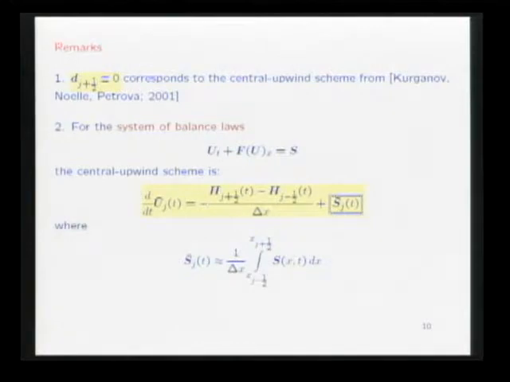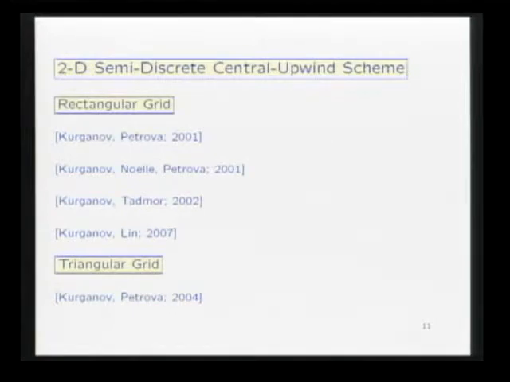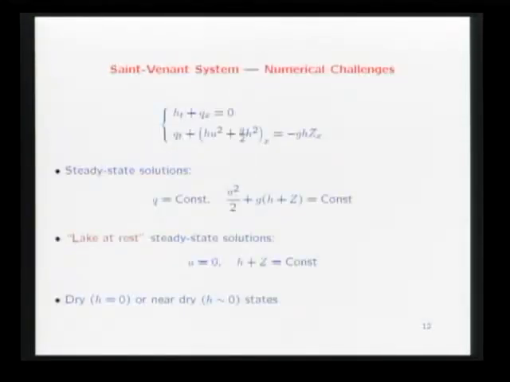That's the only thing we need to do, and then you have the scheme for the system of balance laws. The 2D extension of Central-Upwind schemes is just one slide. It has been done on both rectangular and triangular grids, and this is a list of papers. For triangular grids, we wrote the paper with Gergana Petrova in 2004.